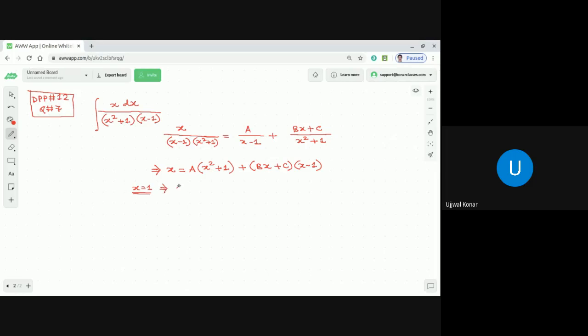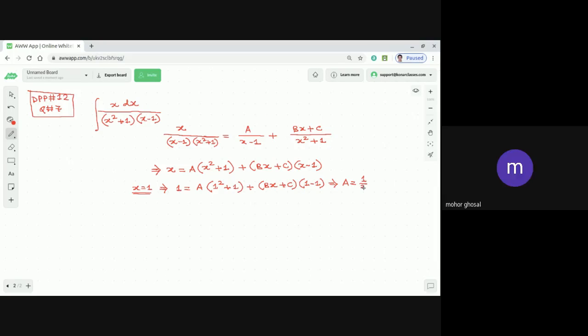Left hand side becomes 1, right hand side becomes a into 1 square plus 1 plus bx plus c into 1 minus 1. So from here we get the value of a is equal to 1 by 2. Isn't it, dear students?